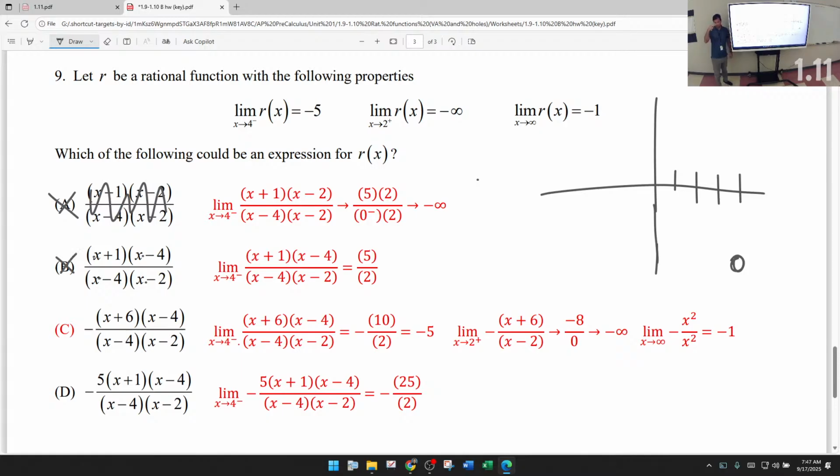I'm approaching -1. This one has a degree of 2 and this one has a degree of 2, and this one's negative. So this is a possibility. No, it's not a possibility because this coefficient is a 5, and 5 over 1 is not 1.